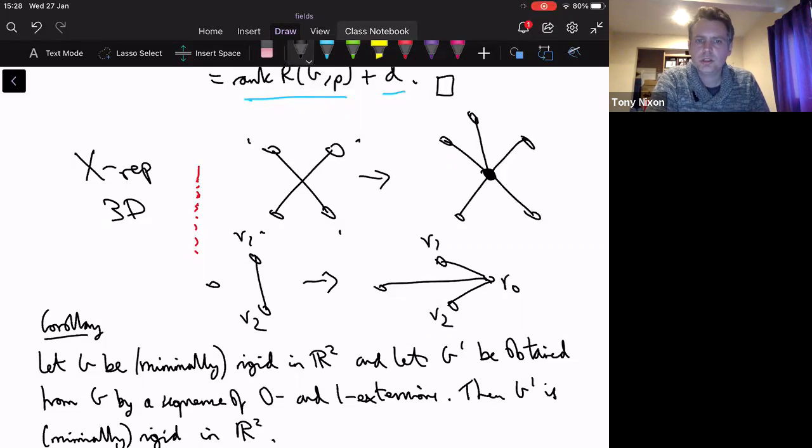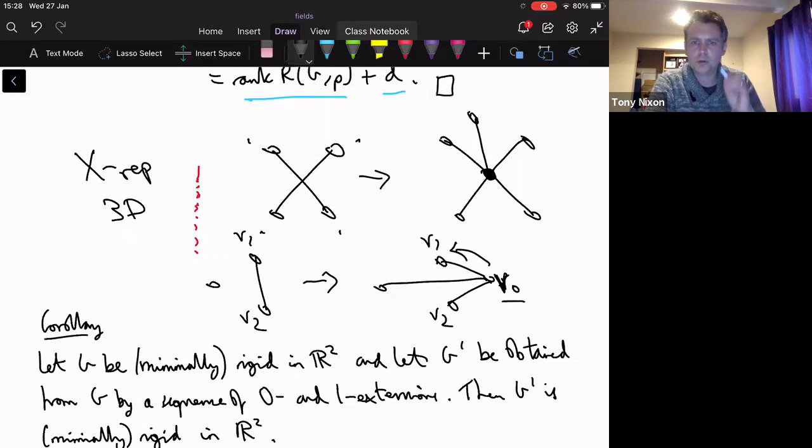So one way to do it is to argue by contradiction. So you put your new V0 in and suppose that the framework you get is flexible. Suppose it has an infinitesimal motion. One way you can do it is by considering a sequence of frameworks where, and you have to be slightly careful in how you do this, but where the position of V0 tends to V1.